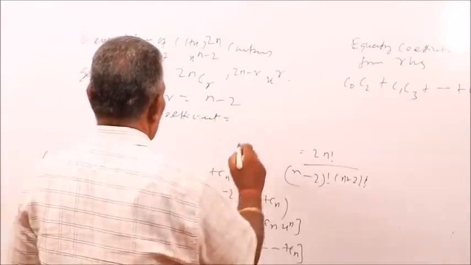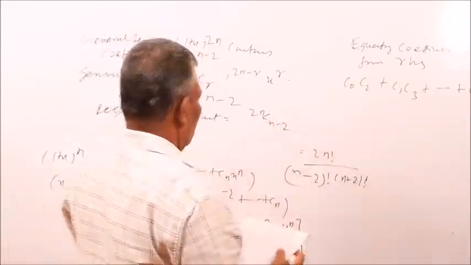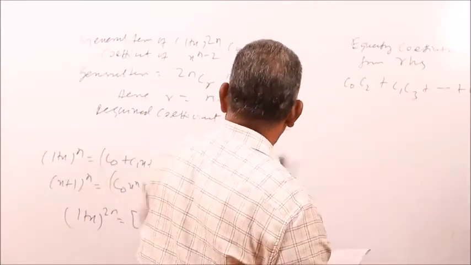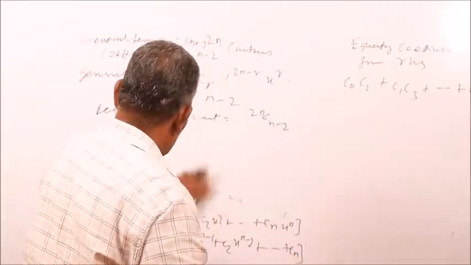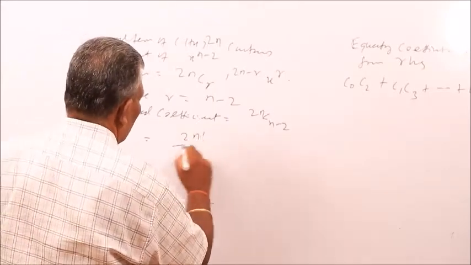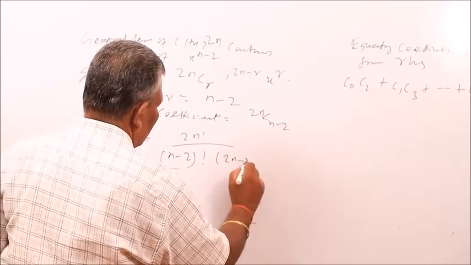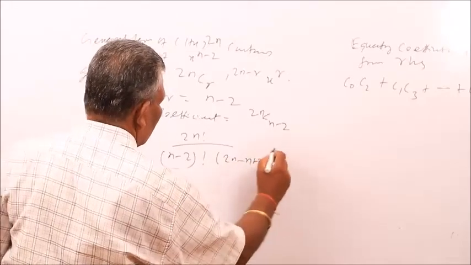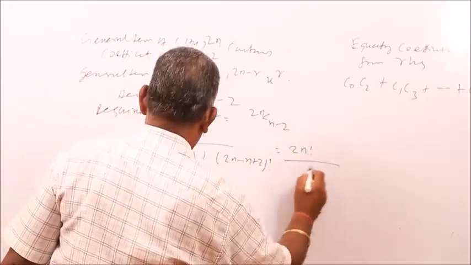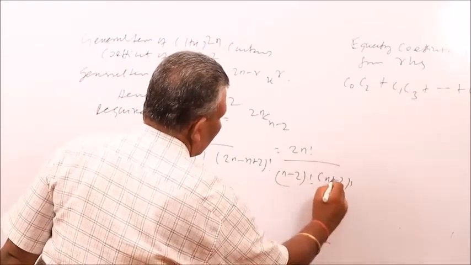equals 2n C n minus 2, that is 2n factorial divided by n minus 2 factorial into 2n minus n plus 2 factorial, that is 2n factorial divided by n minus 2 factorial into n plus 2 factorial.